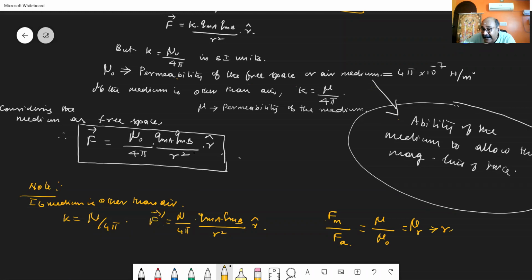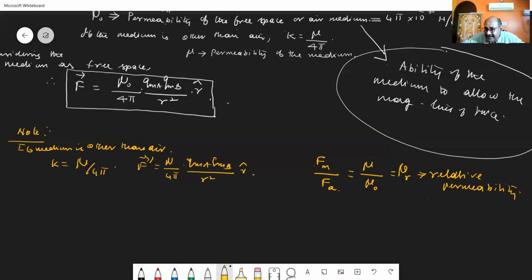This mu r is called relative permeability. In electrostatics it is relative permittivity; here it is relative permeability, which is a constant. And this relative permeability mu r is equal to 1 for air medium or free space.